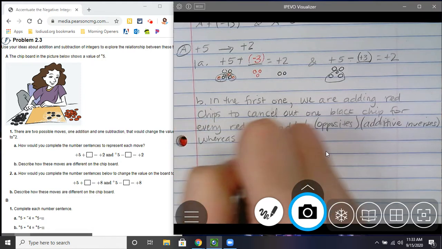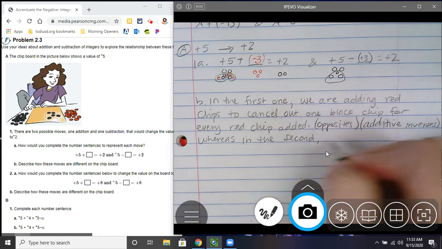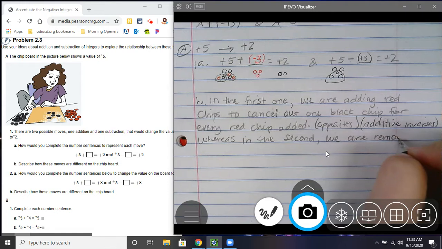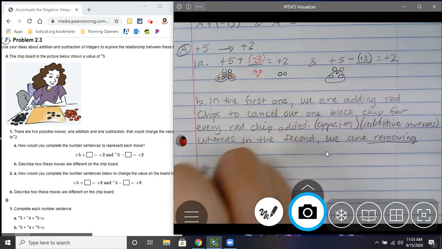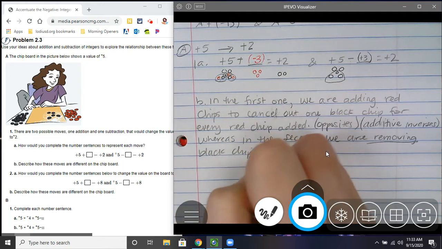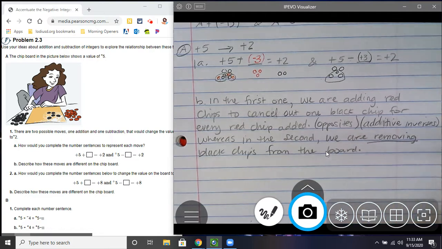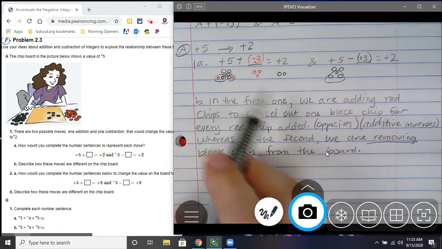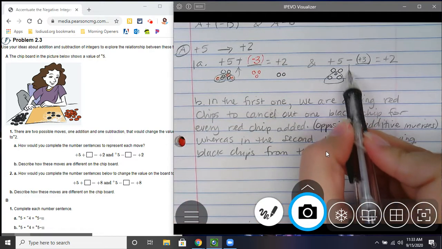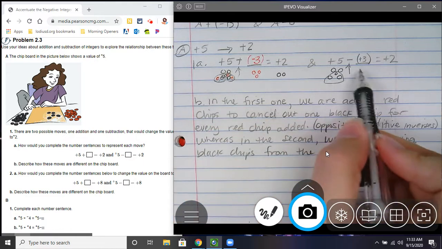Whereas in the second, we are removing black chips from the board. So again, this is where that comes in, where I said that the plus and the minus here are actions. These tell you to do something.